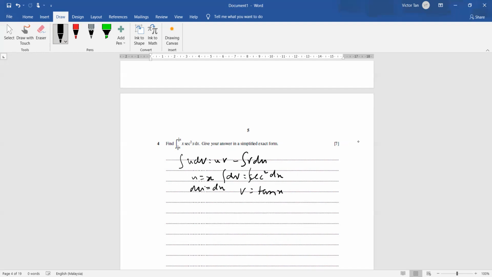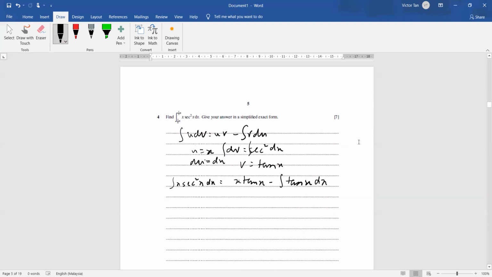So your integral of x sec squared x dx equals uv, which is x tangent x, minus the integral of v du, tangent x, du is dx. Okay. Now I'm going to put in the definite values only after I finish integration.